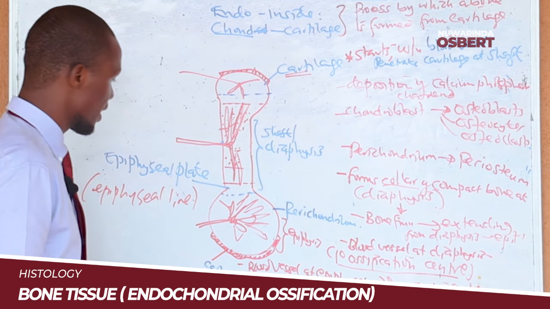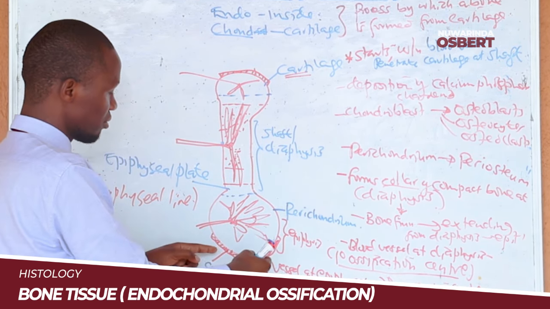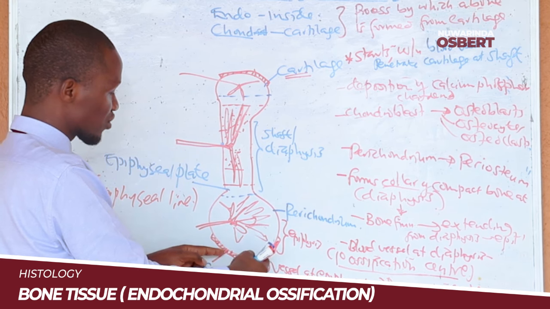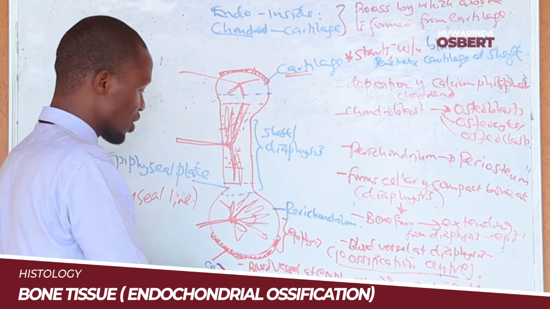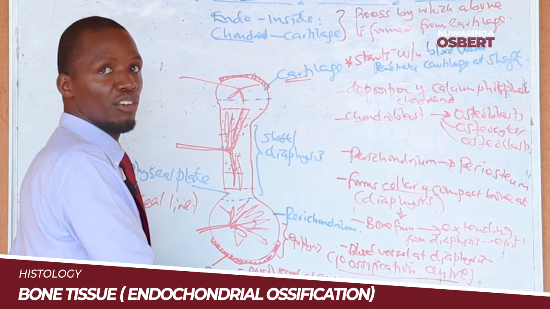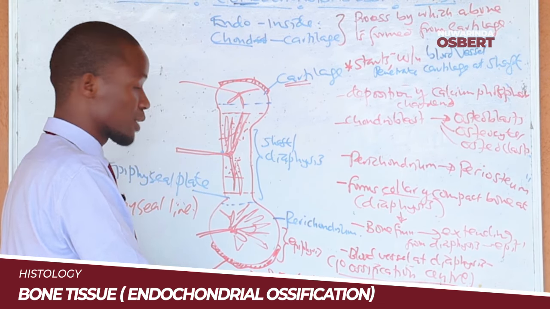At the extreme end, the blood vessels do not reach, hence they end up leaving a small layer of cartilage which plays the role of reducing what? Reducing friction, especially at the joints.